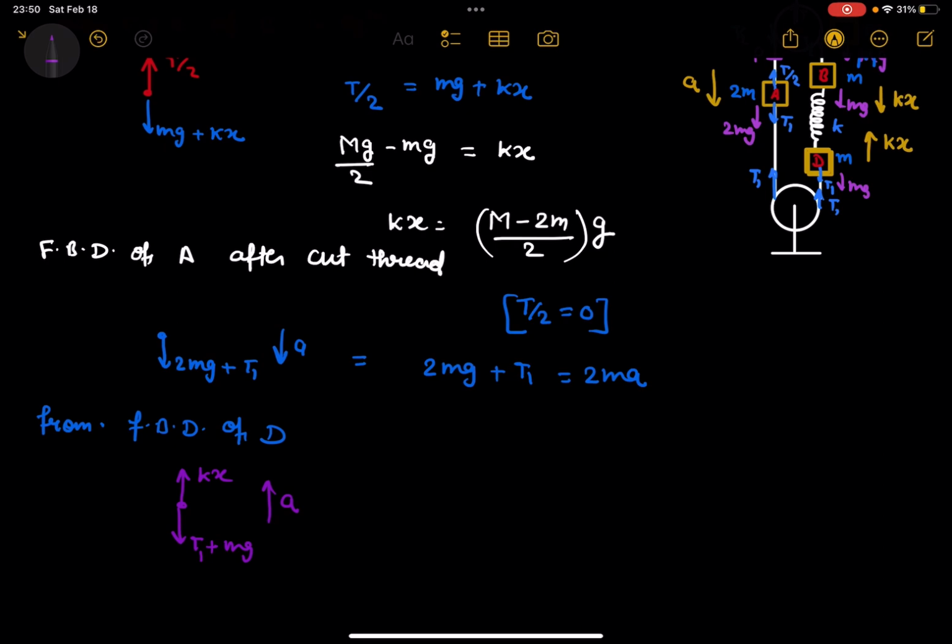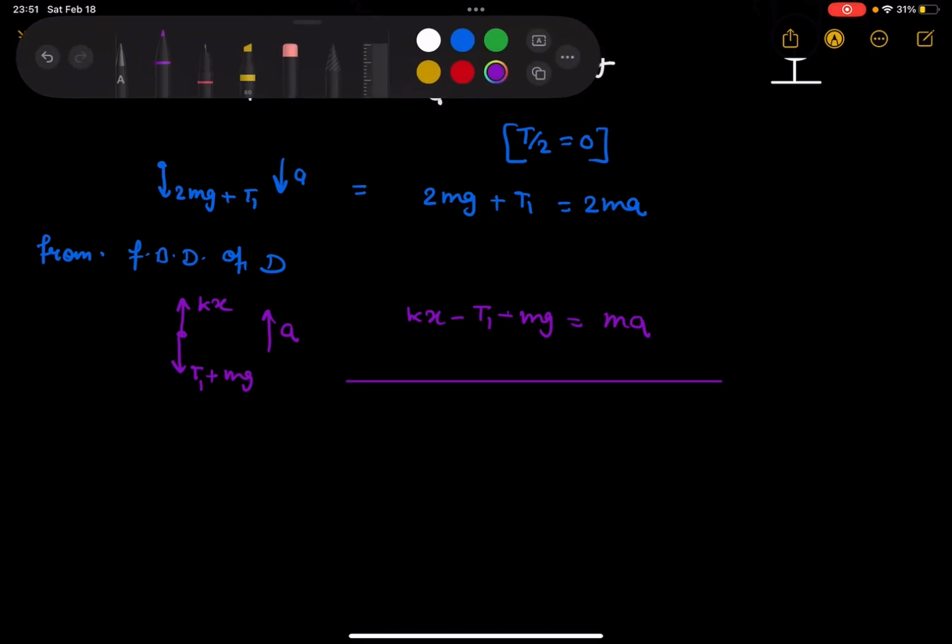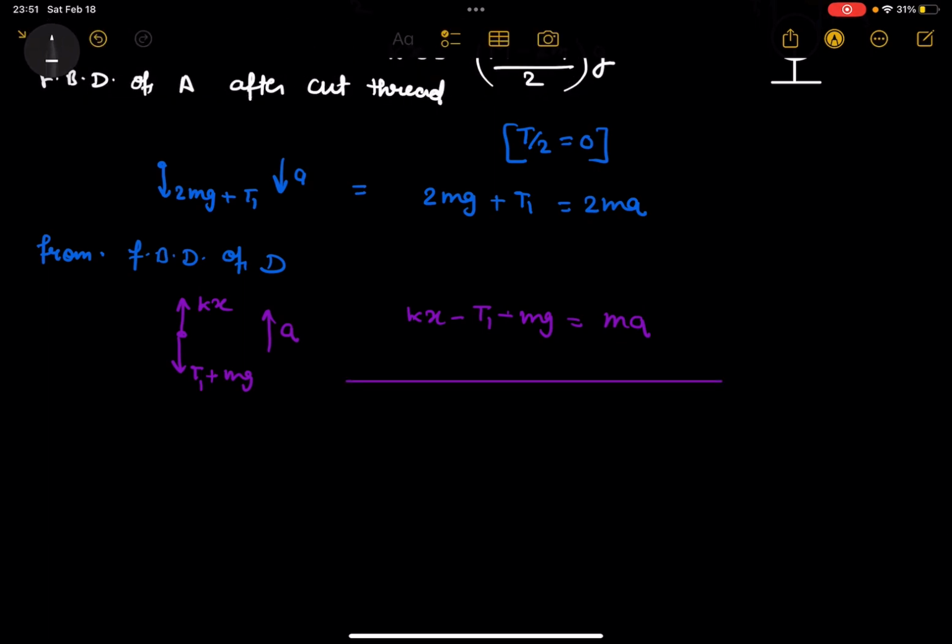So this equation becomes kx minus T1 minus mg is equal to ma. So my dear friend, if we add these two equations, then we can get the result. So it is kx plus mg is equal to 3ma.